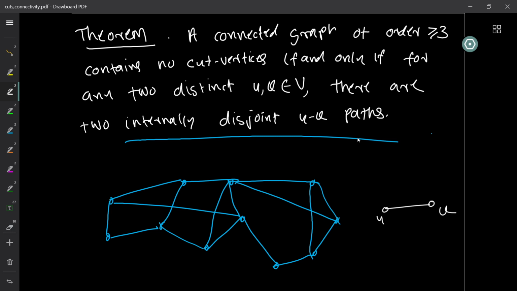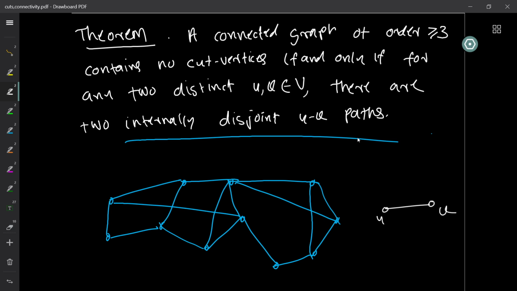Now if u and v are adjacent, I say that this edge uv belongs to some cycle of the graph, because the edge uv cannot be a cut edge in the graph that we are considering. And why is that?